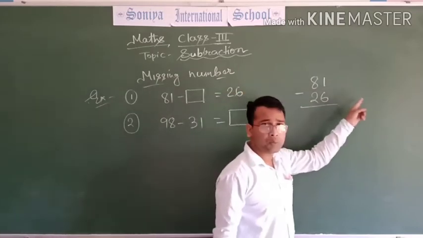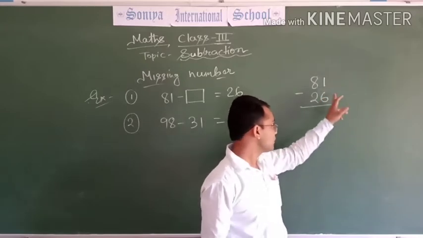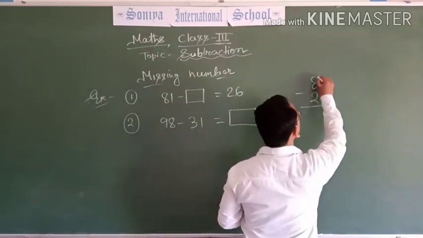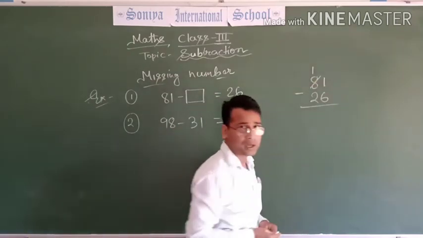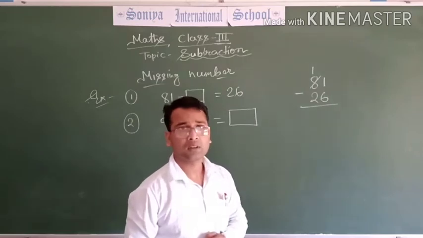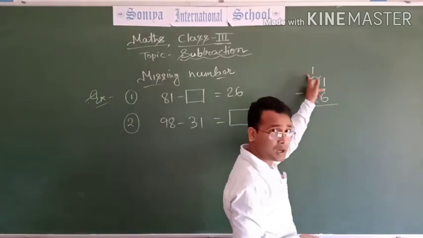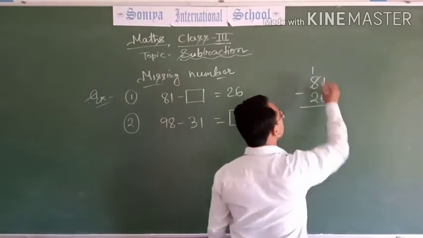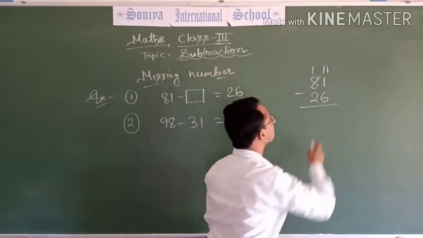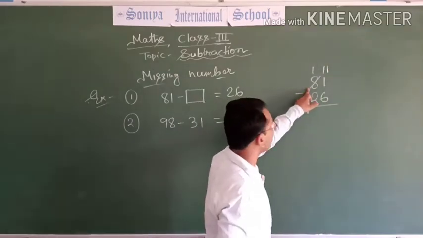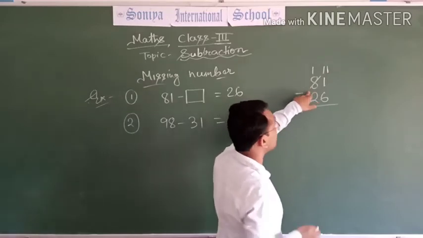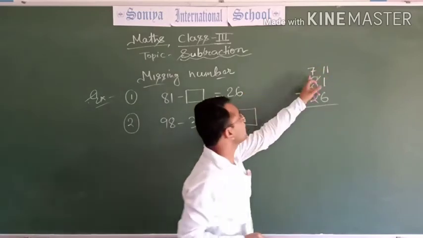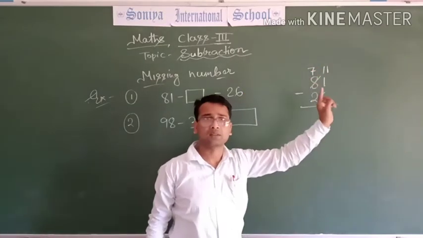So on the right side, the numbers are 1 and 6. 6 is greater than 1, so carry 1 from the tens place, then add 10. 10 plus 1 is equal to 11. Whenever you carry 1, it means 1 is subtracted from the 8, leaving 7, and add 10 in the ones place.